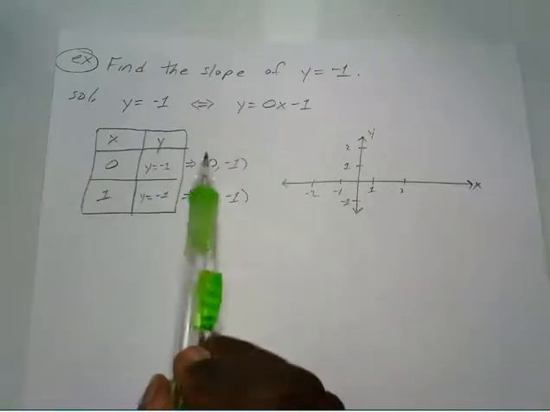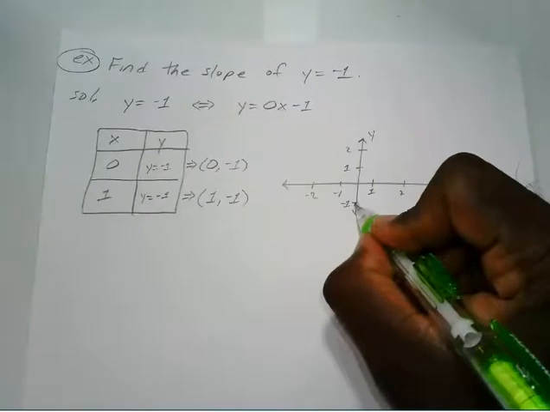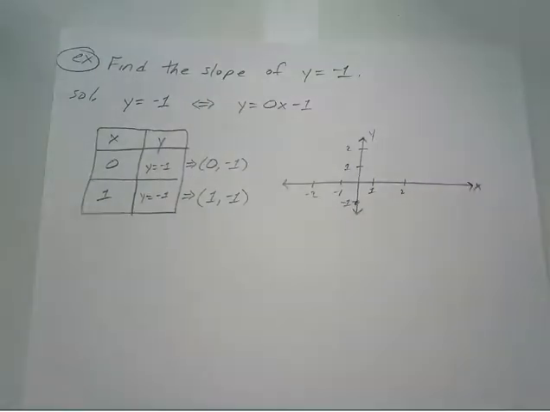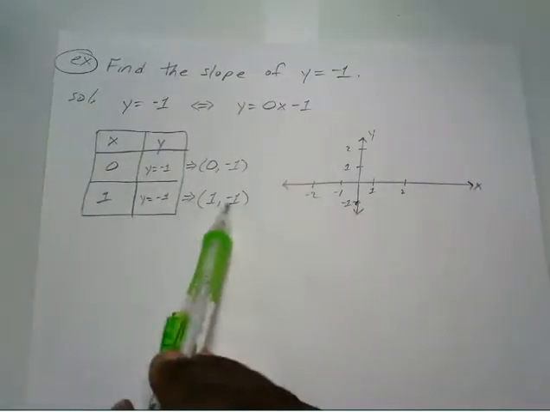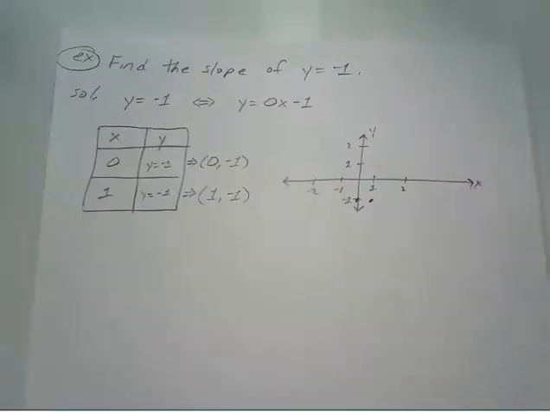Okay, so if we plot our 0, -1, x is 0, y equals -1. And when x is 1, y equals -1. Remember, you plot 2 points, and then you just draw a line through your 2 points.